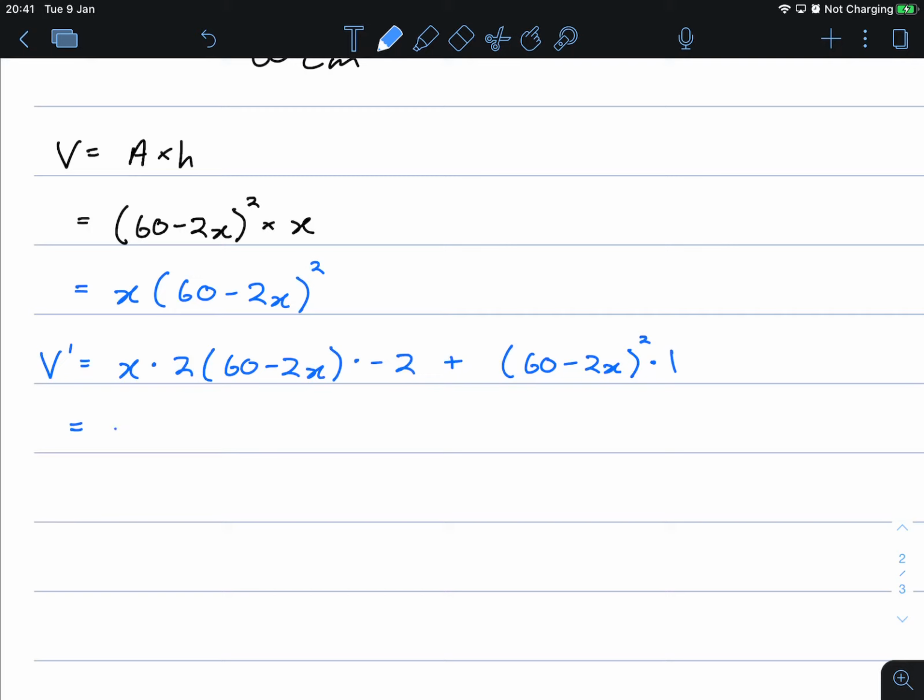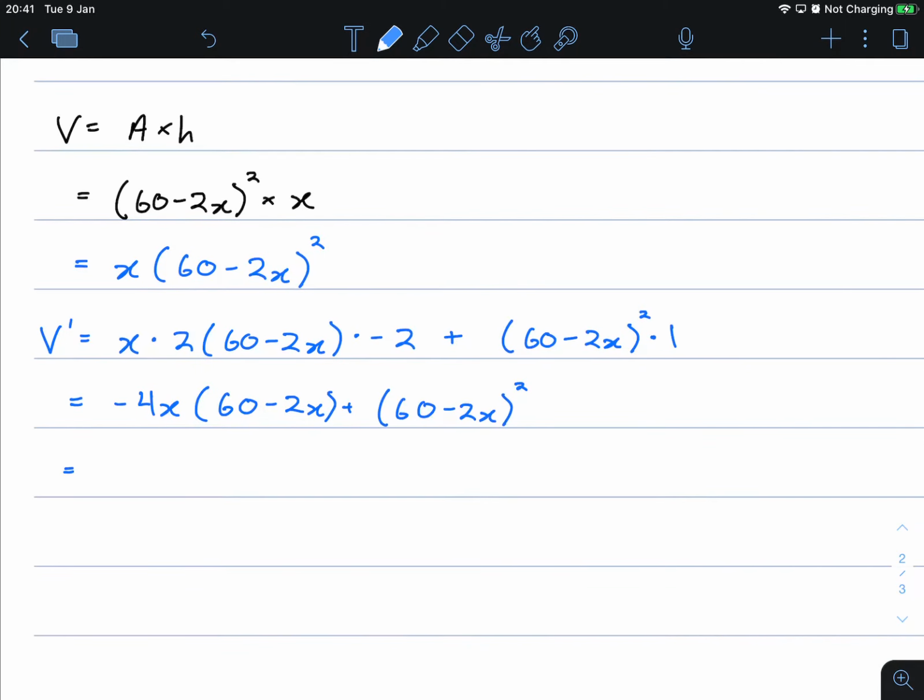Simplifying this, we get negative 4x times (60 minus 2x) plus (60 minus 2x) squared. I'm going to simplify this further by factoring these two groups out. So that's going to be (60 minus 2x) outside, times negative 4x plus 60 minus 2x.